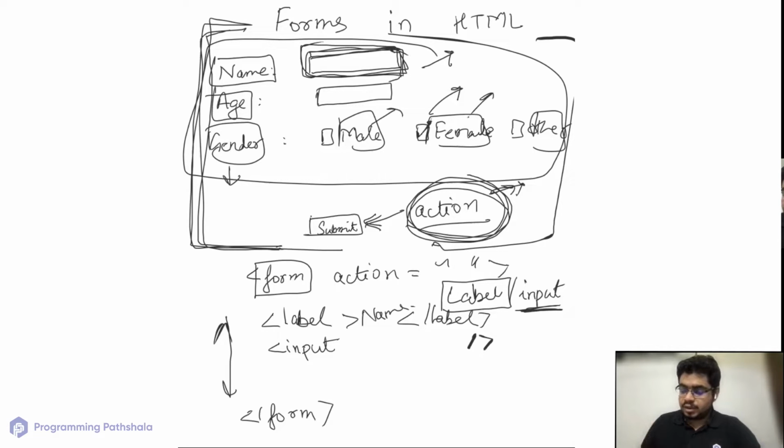They are not associated with this input. Input is something where we just take some action from the user, and it's a non-container tag. So with this in mind, if you want to just take text, we'll say input with type equal to text, and we can continue. So as I was saying, with this in mind, let's try to code a simple form like this up and see what we get there.